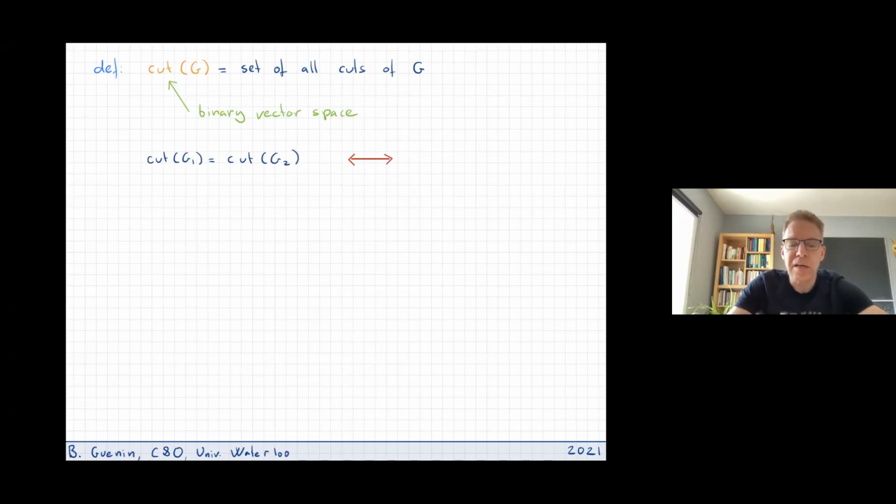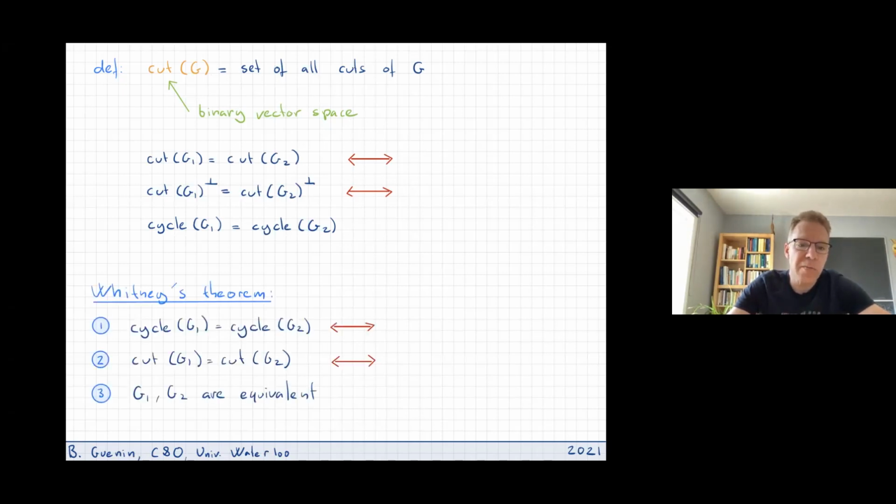It's the same thing as asking if two graphs have the same set of cycles, because cycles and cuts are just orthogonal subspaces. So a more general way of stating Whitney's theorem is to say that you have three equivalent statements. Two graphs have the same set of cycles is equivalent to saying that two graphs have the same set of cuts, which is equivalent to saying that two graphs are related by a sequence of one flips or two flips, or what are called equivalent.